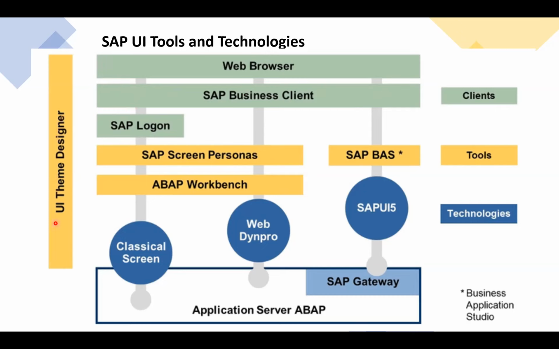The customer can use this UI Theme Designer provided by SAP to customize all their themes. These themes can be made publicly available, or they can be restricted to some user groups as well.